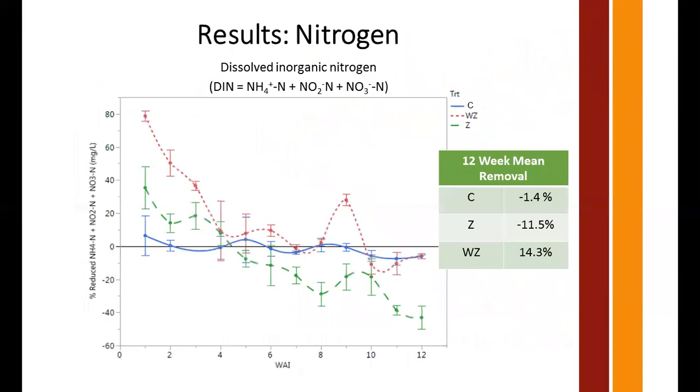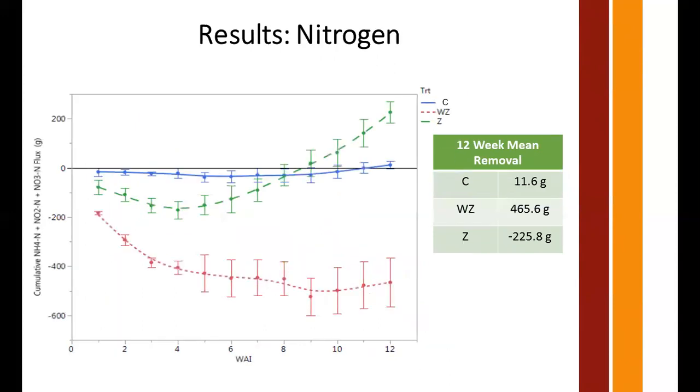Nitrogen, the control in the zeolite treatment did not have significant removal over the course of the experiment. However, the woodchip zeolite treatment did remove an average of 14.3% of nitrogen per week. Here's the nitrogen data again, but in terms of cumulative removal.